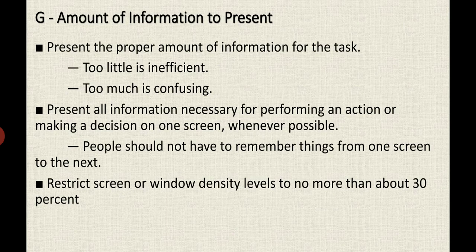If one screen has more text, people will find it very difficult to remember all those things. If you keep fewer things on the screen, then the user will remember those points or elements.